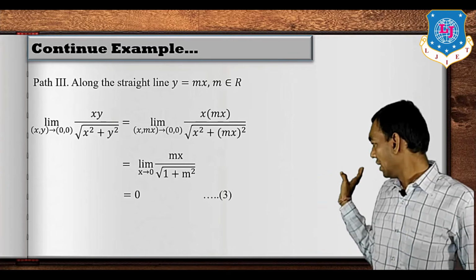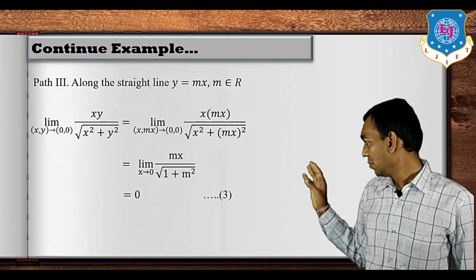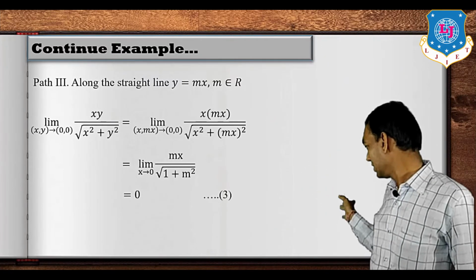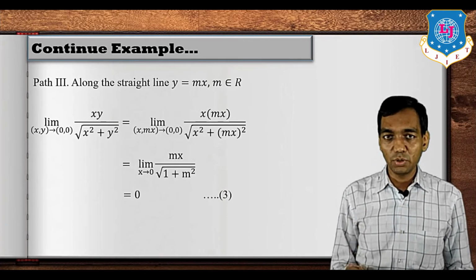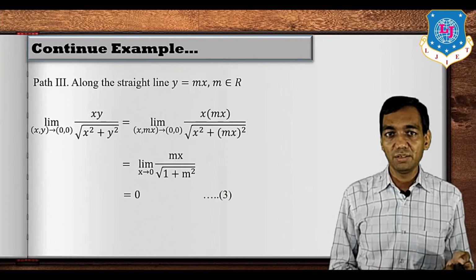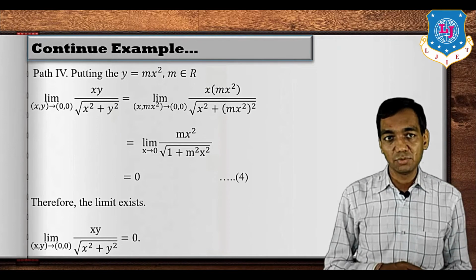So x square is common from the denominator, and x cancels out, and that will give you mx divided by under root of 1 plus m square. If you put the limit, then again it has a value 0. In the same manner, now we are going to put y is equal to mx square.